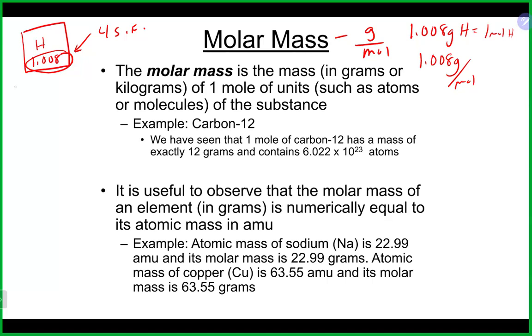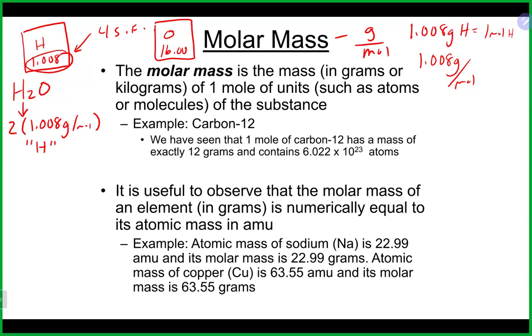You could also do that for something like water. If you wanted, say, the molar mass of water, you basically just add up all the parts that are there. So we have hydrogen there. If we also look at the periodic table under oxygen, we will see 15.9999, but we'll call it 16. Once again, if we wanted to calculate the molar mass of water, there are 2 hydrogens. Each hydrogen is 1.008 grams per mole from the periodic table.